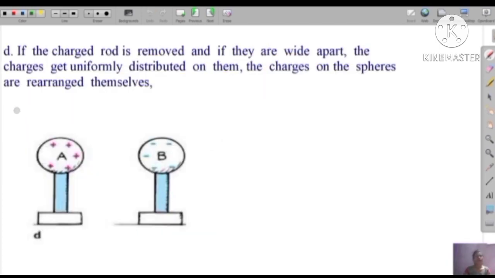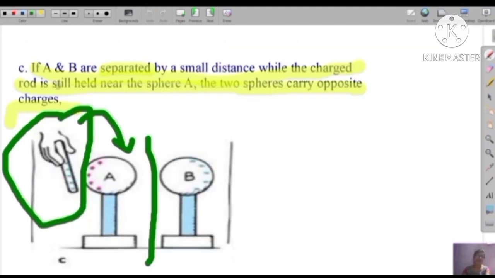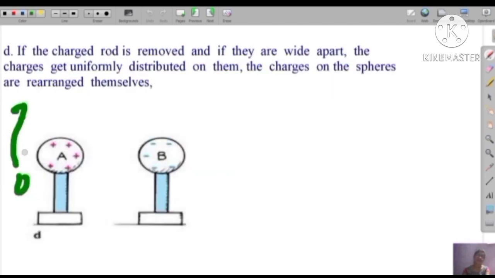After this, when you remove the charged body which was here previously, in the previous image you see a charged body which we brought. Now in the next image it is not there, so the charged body is removed, and after removing we are increasing the distance between these two metallic spheres.